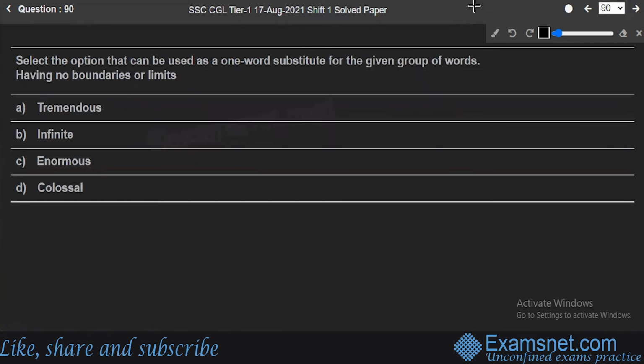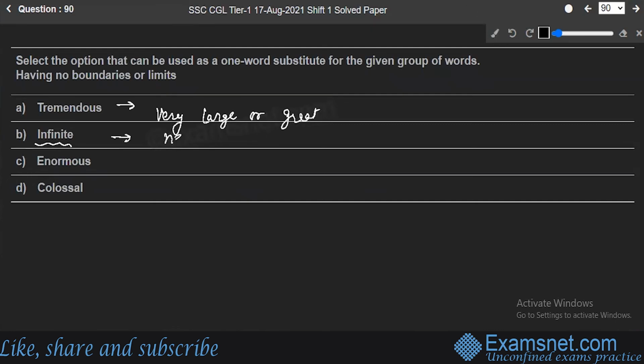Question number 90 says you have to select the option that can be used as a one word substitute for the given words. The given words are having no boundaries or limits. So something which is having no boundaries or no limits, which never ends. Obviously, that's called infinite. Let's see the meaning of other words as well. Tremendous means very large or great.